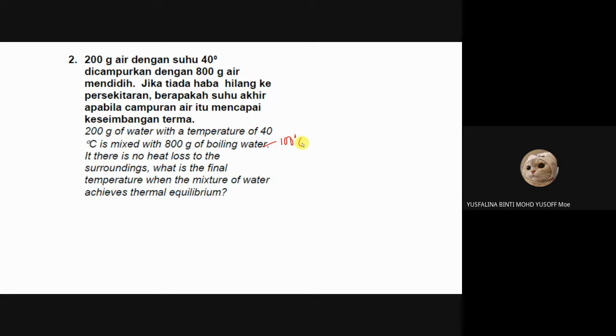So the heat transfers from the hot object to the cold object, means from the 100 degrees Celsius water to the 40 degrees Celsius water. It already gives you the info that there is no heat loss to the surrounding. So what can we assume here? Which one loses the heat? The 100 degrees Celsius or the 40 degrees Celsius?